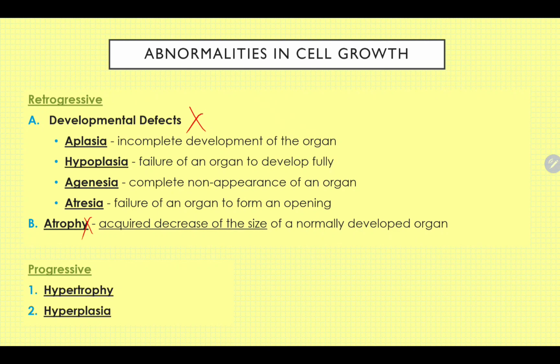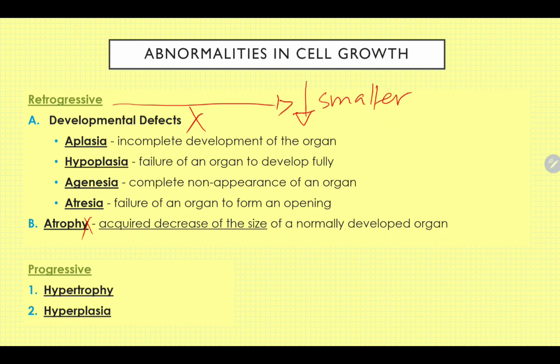If you have developmental defects, these are the outcomes that can happen. Since this is an abnormality in cell growth termed retrogressive, you can deduce that the organs here are much smaller than normal.